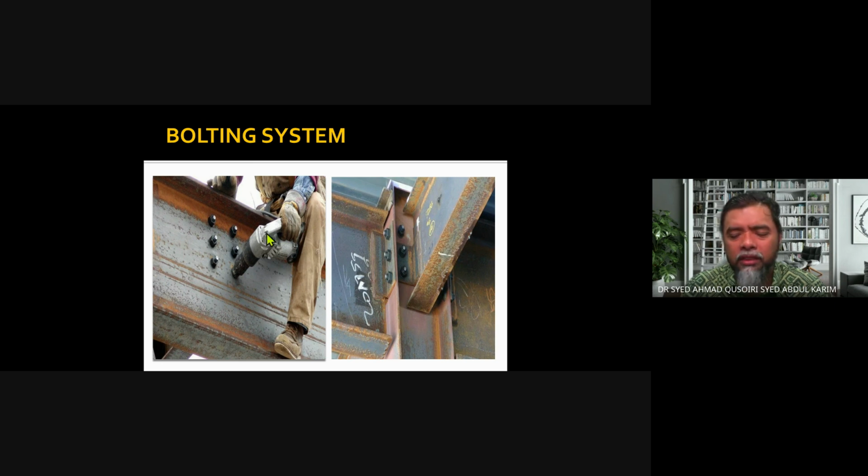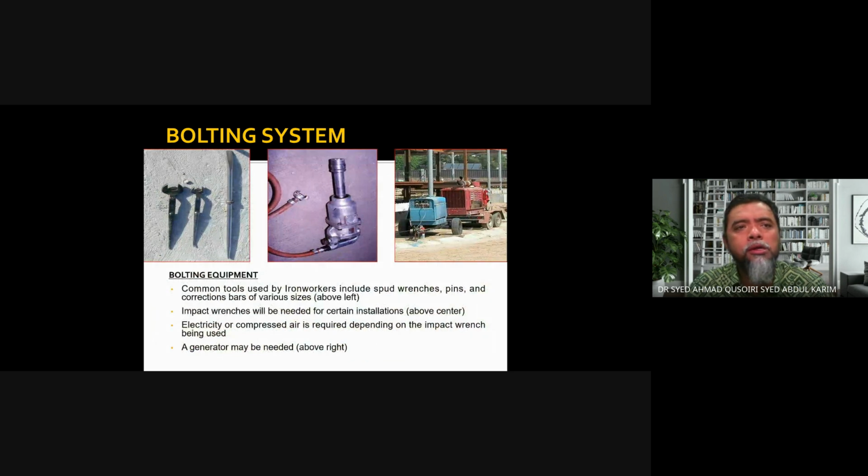So most likely this is an electrical impact wrench. So impact wrenches will be needed for certain installation. Kalau yang mana angle yang agak pelik-pelik tu tak boleh masuk impact wrench tu, dia kena ikat secara manual lah. So this impact wrench either uses electricity or compressed air.